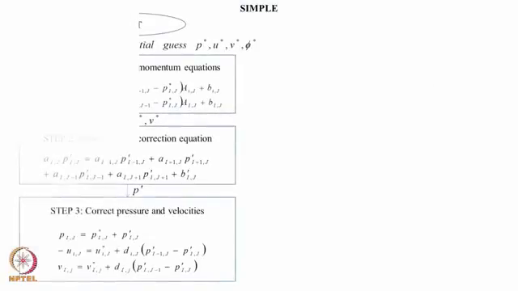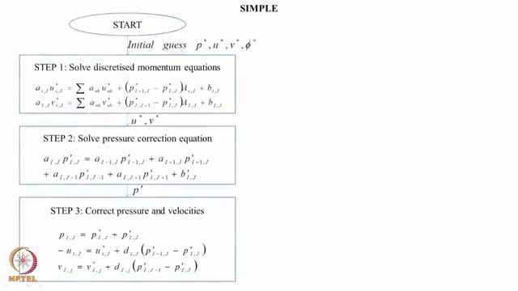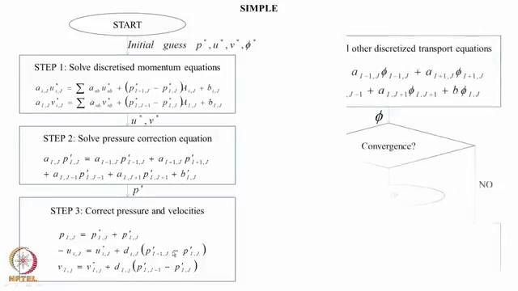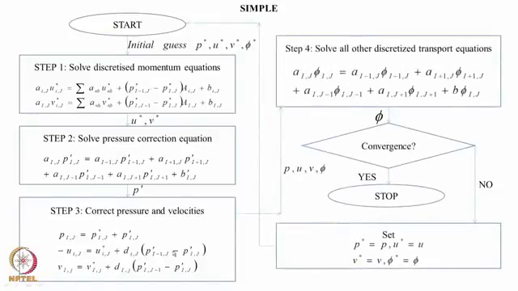In terms of a flow chart, it is shown here. So, we start with the initial guess p star, u star, v star, and any other scalar that is generally written as phi and phi star. So, you solve the discretized momentum equation, you get u star, v star, solve the pressure correction equation, you get p prime, then you correct pressure and velocity as shown here, then solve all other discretized transport equations which are meant for any other scalar variable.